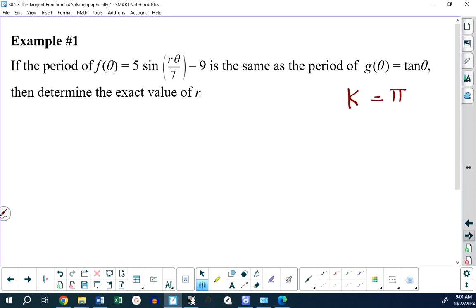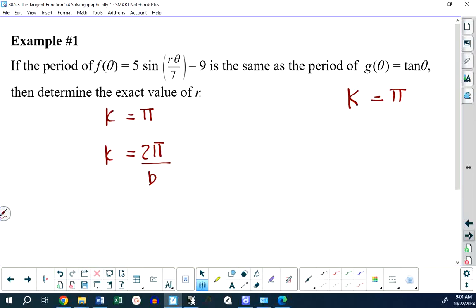Why do we know that? Because we just need to know it. And if you're stuck, you get the exam sweats and you're writing an exam, go y equals tan theta on your calculator, go zoom trig and figure out what the period is. It's 180 degrees or pi. What that means is that the period here is pi. But we also know the period of a sine function is 2 pi over b.